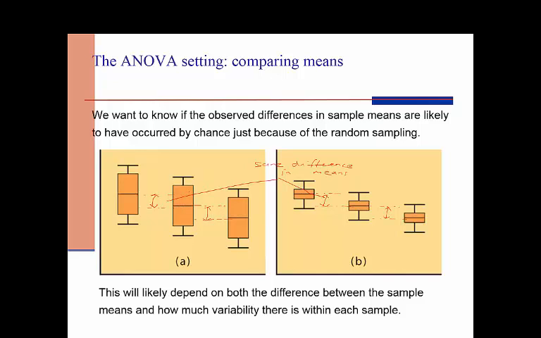Okay, but the spread inside the data sets here are much larger than the spread inside the data sets here. So A has much larger variation within the data sets.